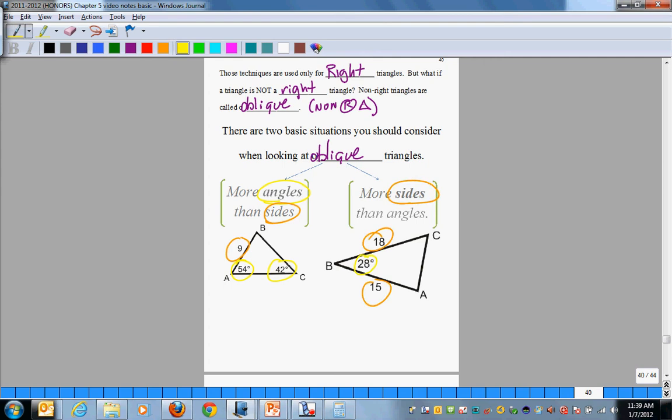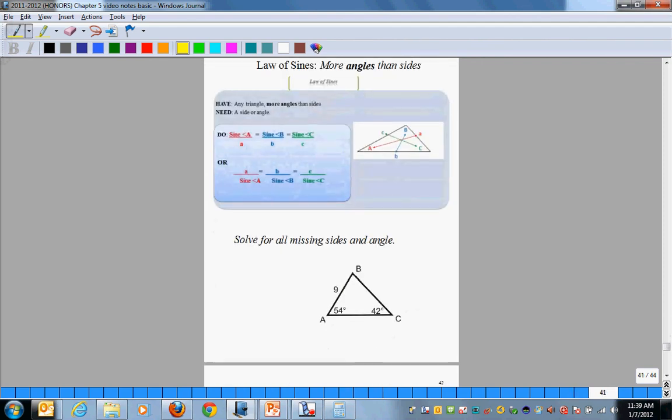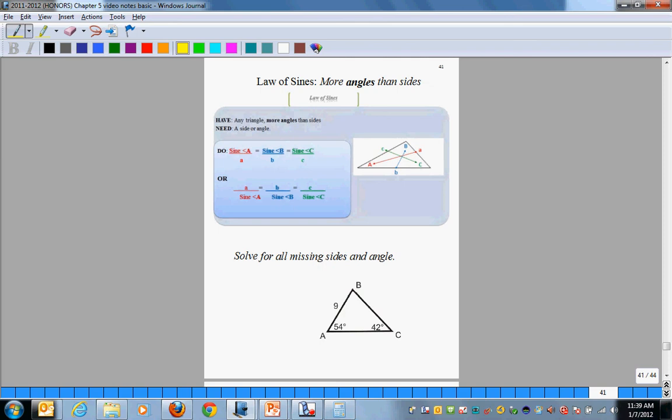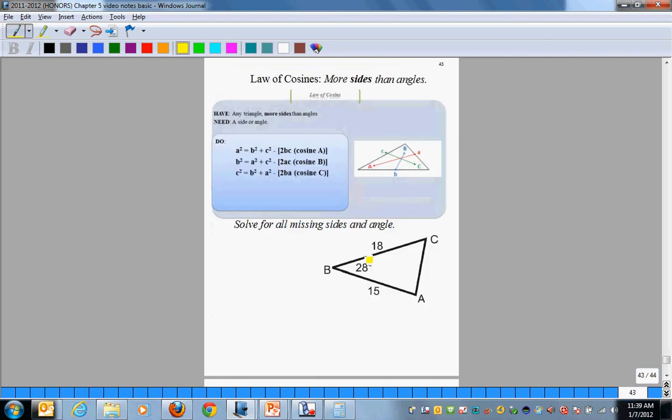And there's two different situations, and therefore there's two different equations. When you're working with more angles than sides, you're going to use something called law of sines. Law of sines is a giant proportion. And then your other scenario is if you have more sides than angles, you use law of cosines.